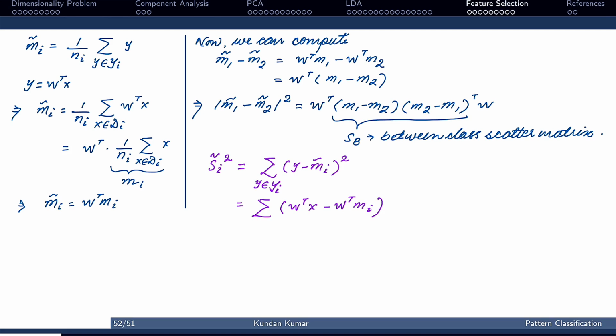So we have to take the square of this term, and here X will be the samples belonging to the set Di. So now we can simplify it.